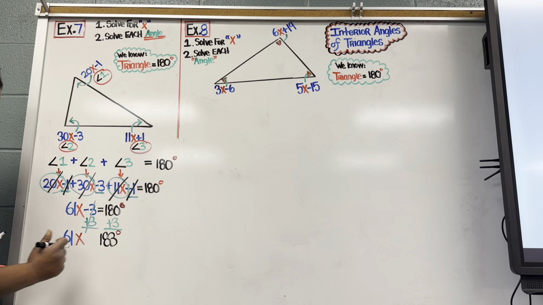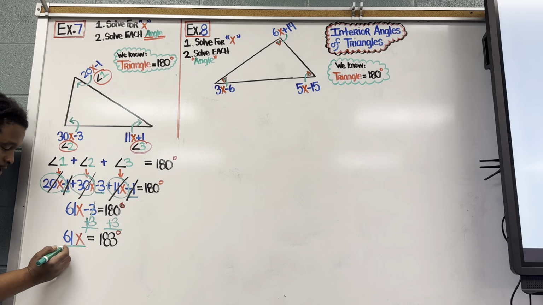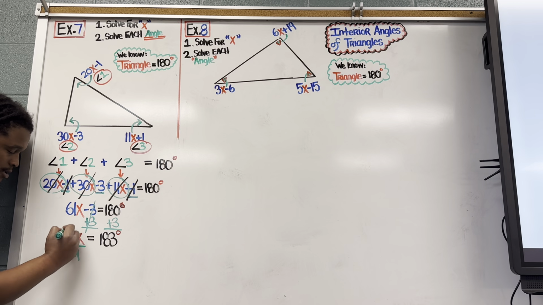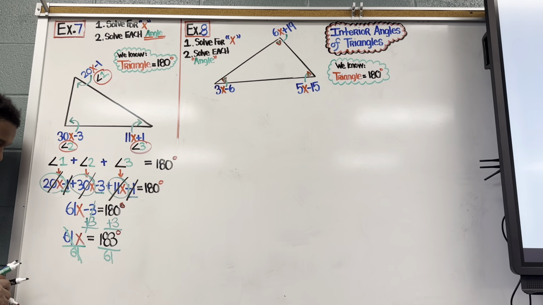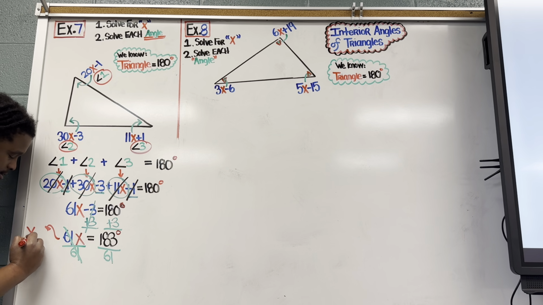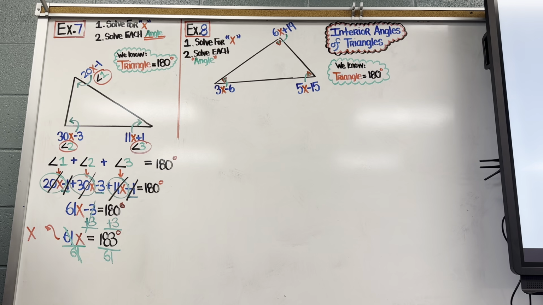The last part to solve for x is to divide both sides by the coefficient of x, which is 61. So x equals 183 divided by 61, which is 3.